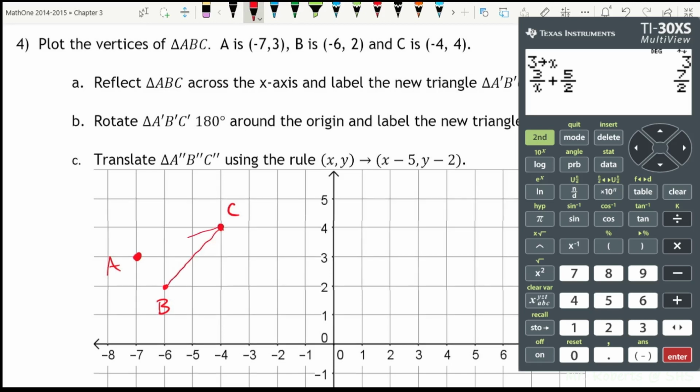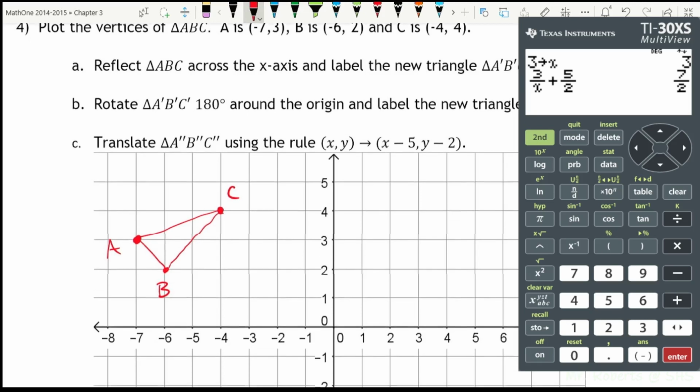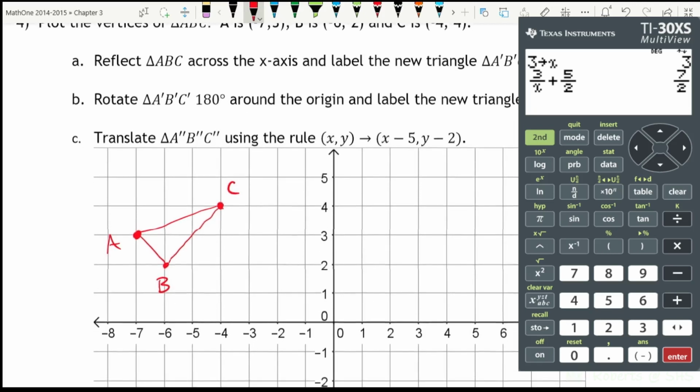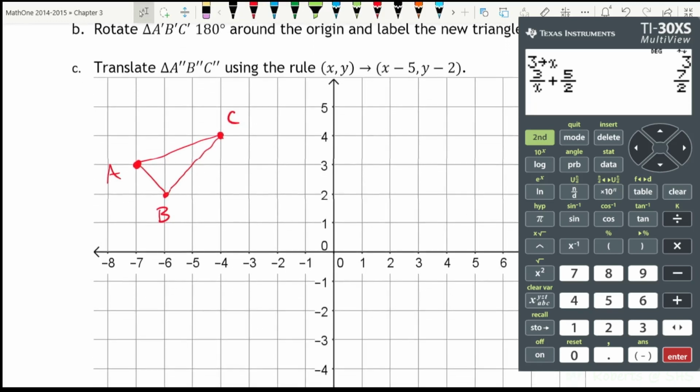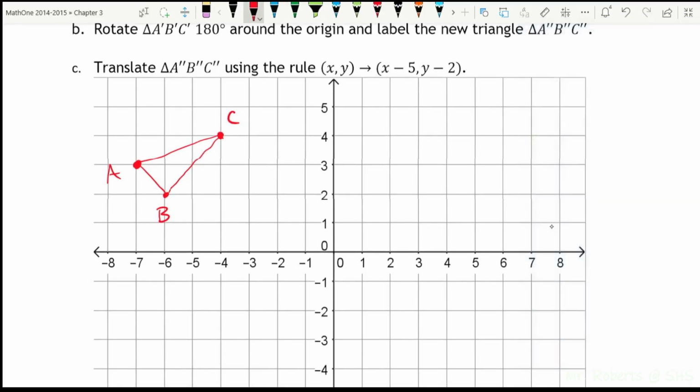Here's my original triangle, and I'm going to subject it to some transformations. First, it says take that wonderful triangle ABC and reflect it across the x-axis and create a new triangle and label it A prime, B prime, C prime. So again, here is my x-axis. Let me get rid of this calculator. Here's the x-axis. I'm going to be reflecting across this. When I do that, this point is 2 above, it's going to become 2 below.